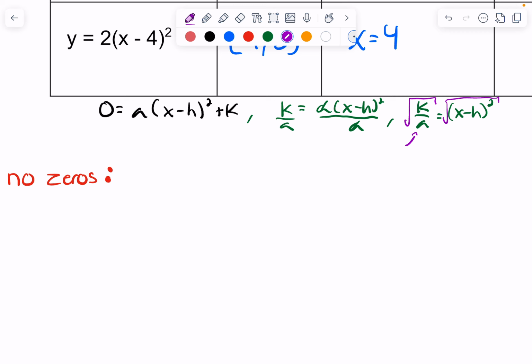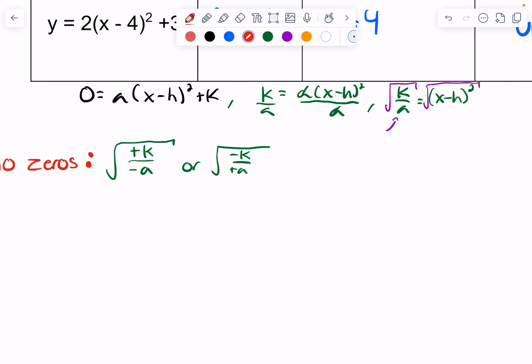Well, if you have a square root and under the root here, if these are opposite signs, so meaning if it was positive k divided by negative a, you have a problem. Or if it was negative k divided by positive a, you would have a problem.